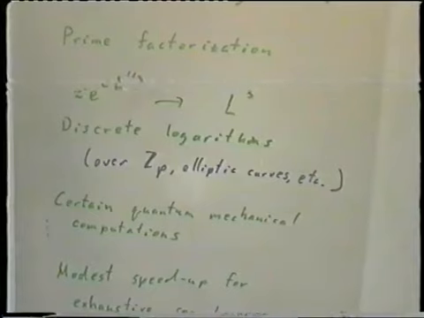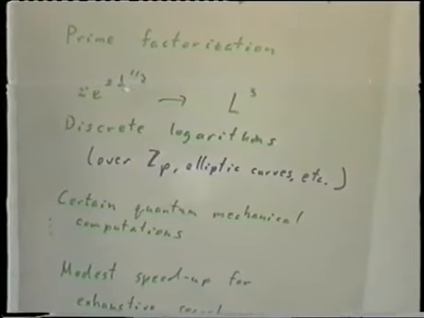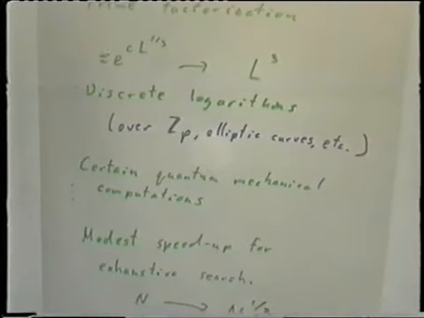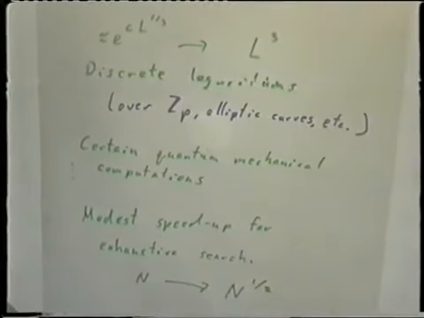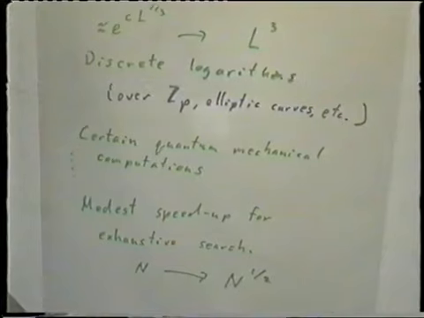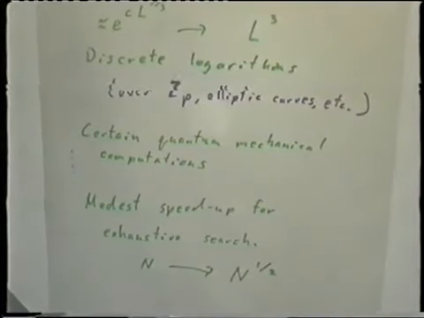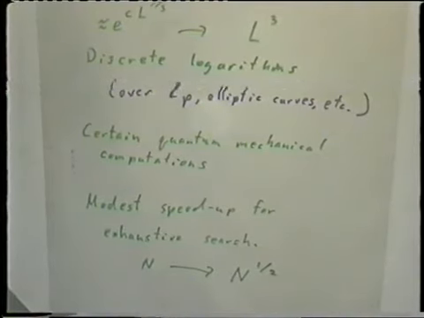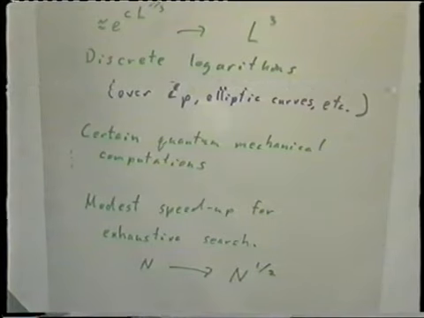And you can also get the same speedup for discrete logarithms. And it doesn't really matter if it's discrete logarithms over elliptic curves or any abelian group. And also, it appears that certain quantum mechanical computations can be sped up considerably with quantum computers. For example, quantum computers are very good at simulating quantum mechanics, which shouldn't be very surprising.